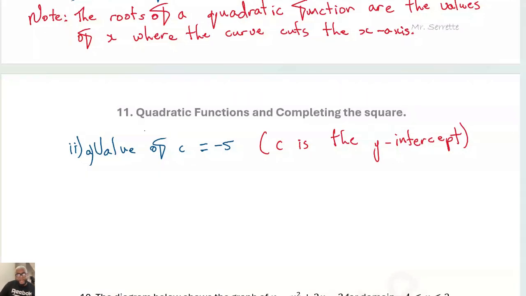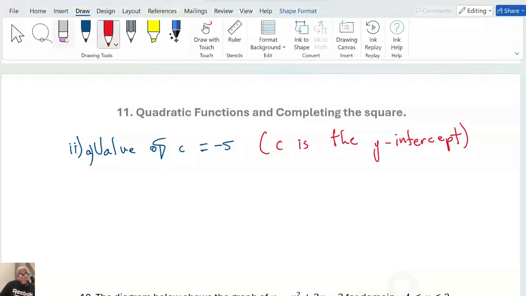So there we go. c is the y-intercept, right? So we're going to part b now. So what's going on here?